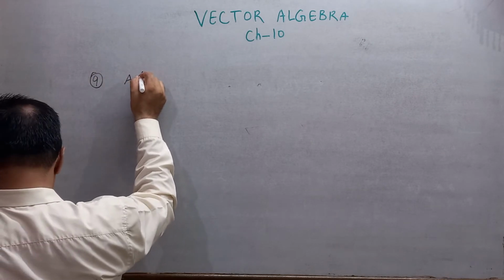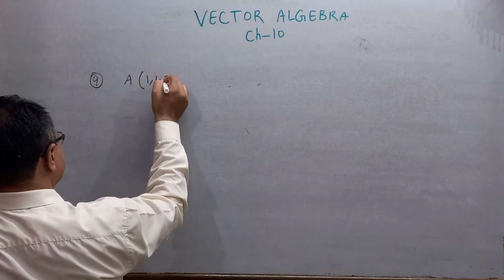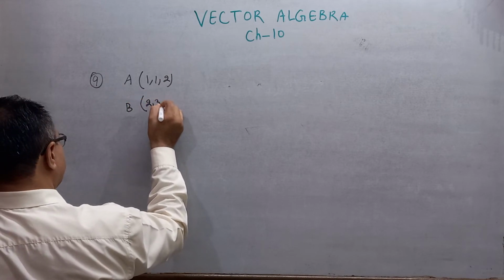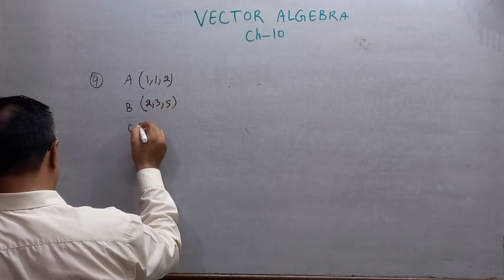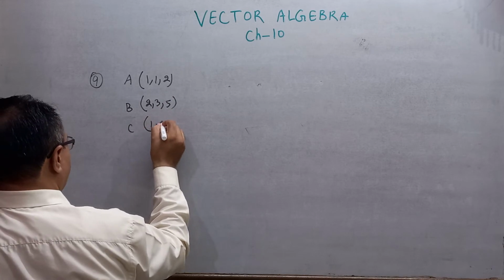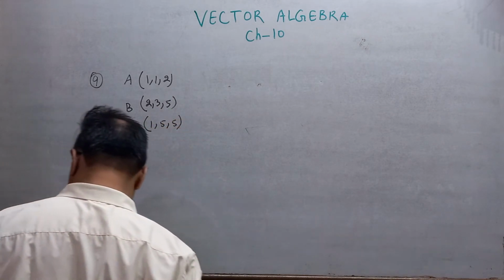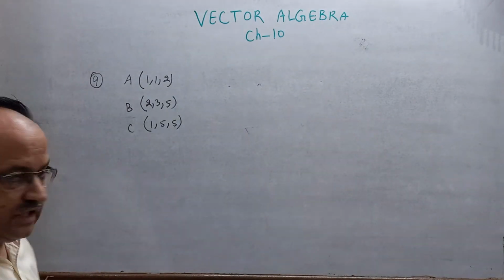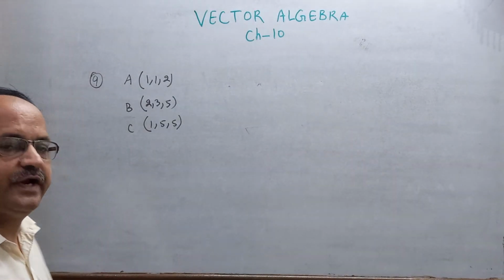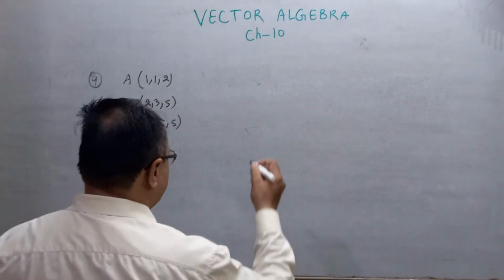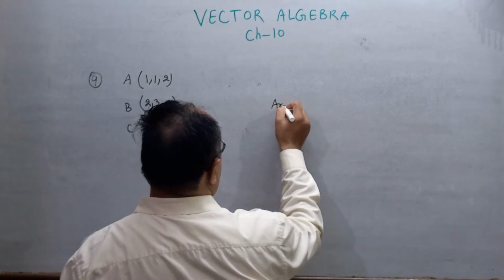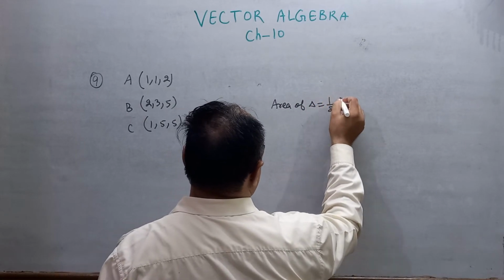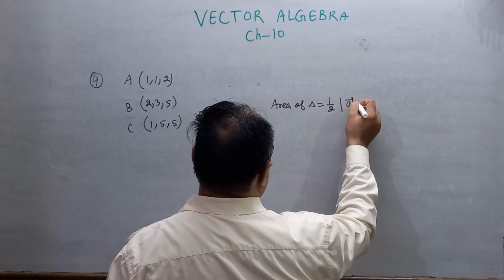You know that A is 1 1 2 and B is 2 3 5 and C is 1 5 5. Find the area of the triangle. And area of triangle formula, you know, that is half magnitude of A cross B.